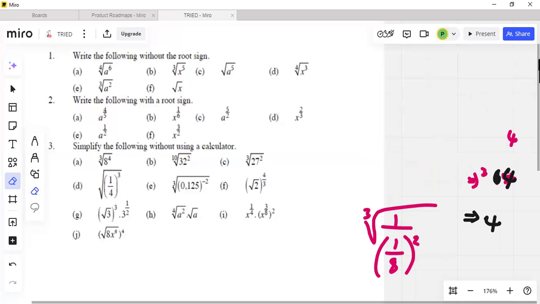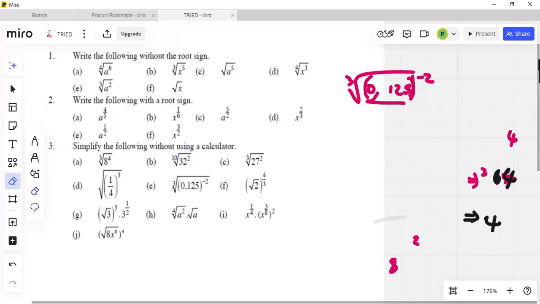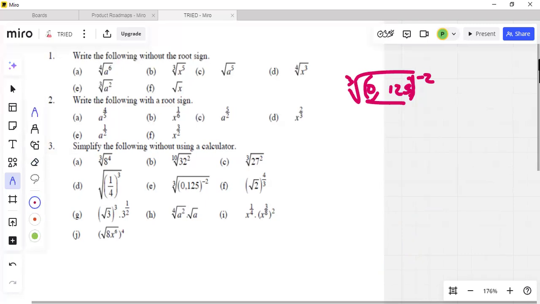We are having the cube root of 0.125 exponent of negative 2. We can find the cube root of 0.125 without the use of a calculator. It's possible. The most commonly used way is to simplify without the use of a calculator.